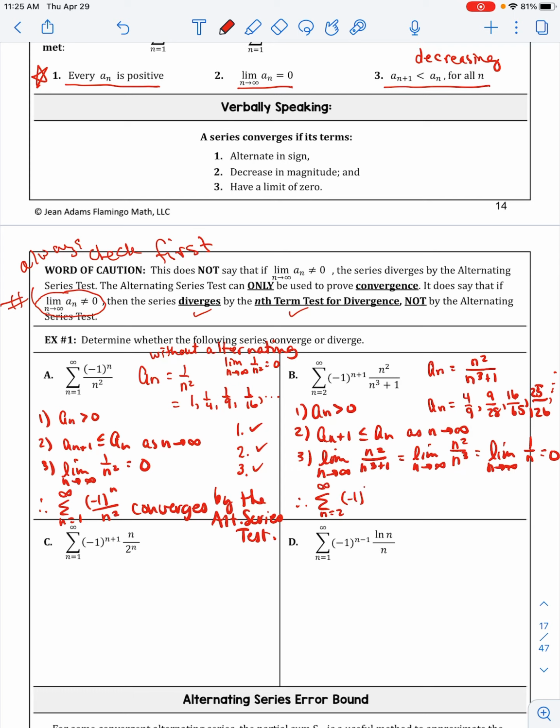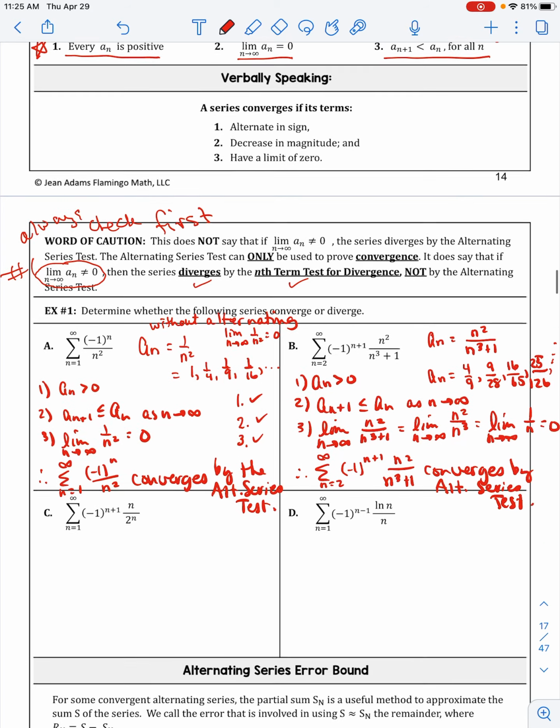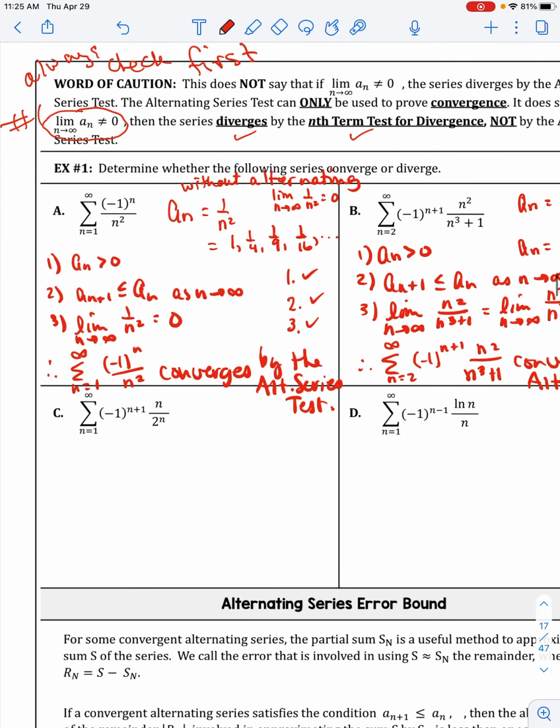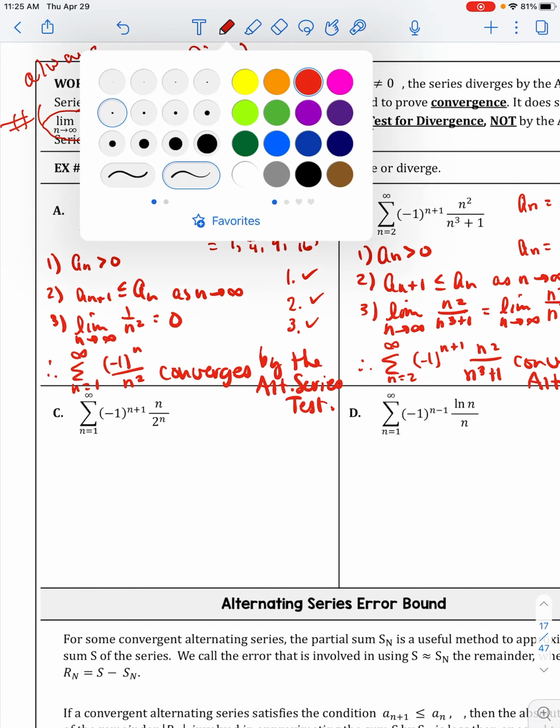If I put infinity in that denominator, 1 divided by infinity does give me 0. So therefore, my summation, n equals 2 to infinity of negative 1 to the n plus 1 times n squared over n cubed plus 1, converges by the alternating series test.